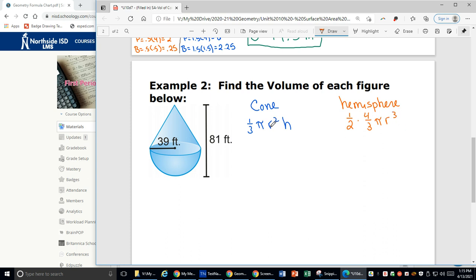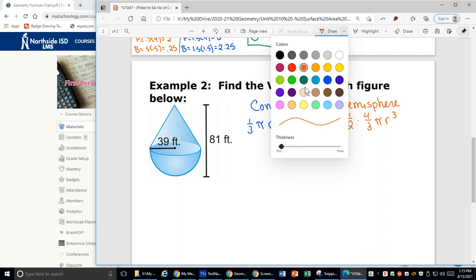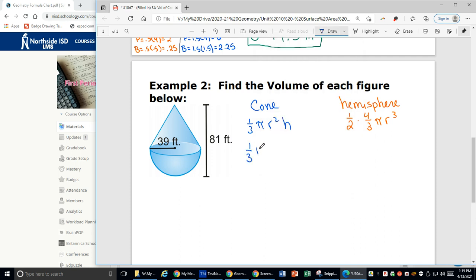So I need to know the radius of the cone and the hemisphere, and I need to know the height of the cone. So my radius of my cone is 39 feet. I can see that there. That's given there for me. So when I'm looking at my cone, 1/3 pi times my radius, 39, squared, times my height. So I have to figure out how tall is the cone.